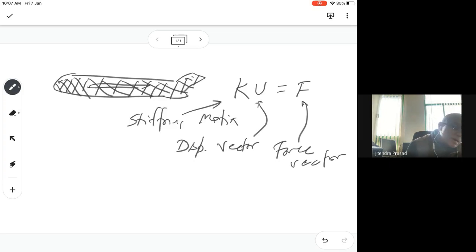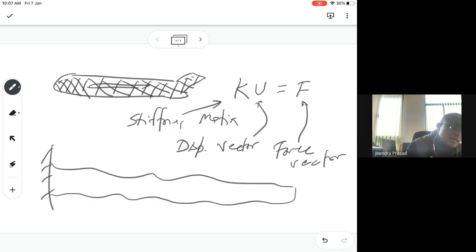Now, a simple example: instead of the aircraft, which is very complicated, we can have a beam, a bar, which has a variable area, and this has to be modeled. Let us say this is the force F. So this is a variable area.